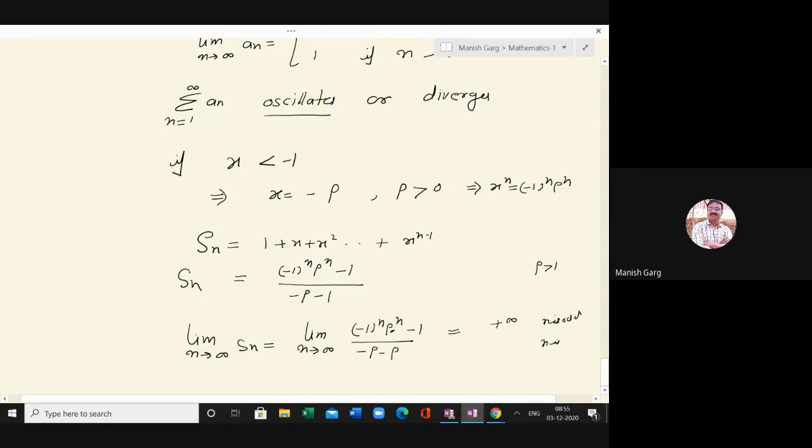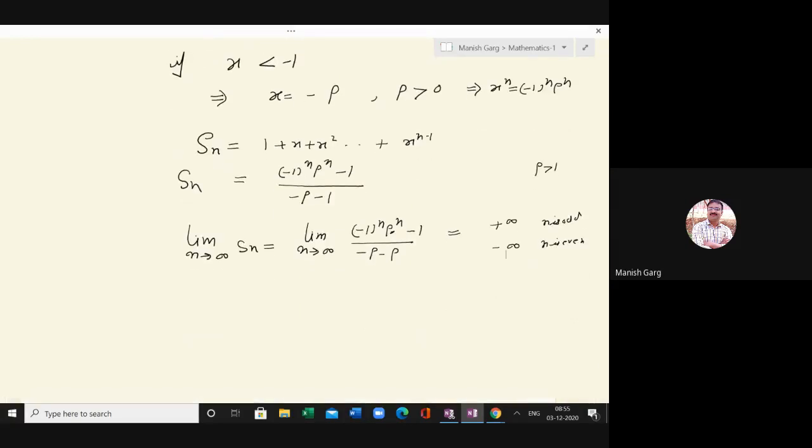If n is even, this is plus infinity, but because of the minus it will be minus infinity. So again the limit of Sn is not coming 0 or approaching infinity; sometimes it approaches plus infinity, sometimes minus infinity.